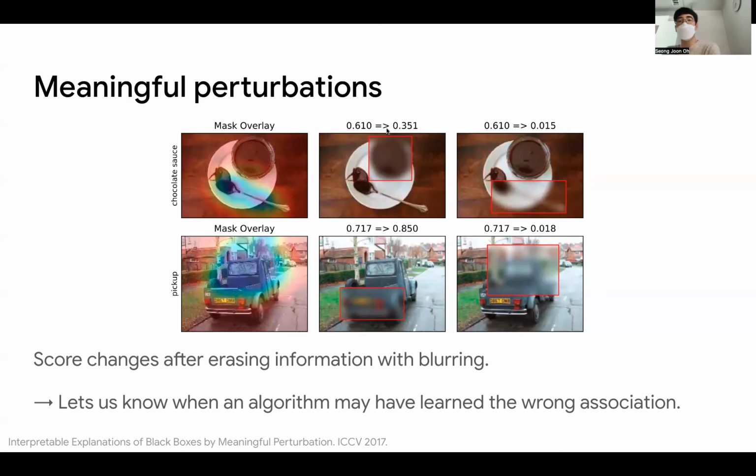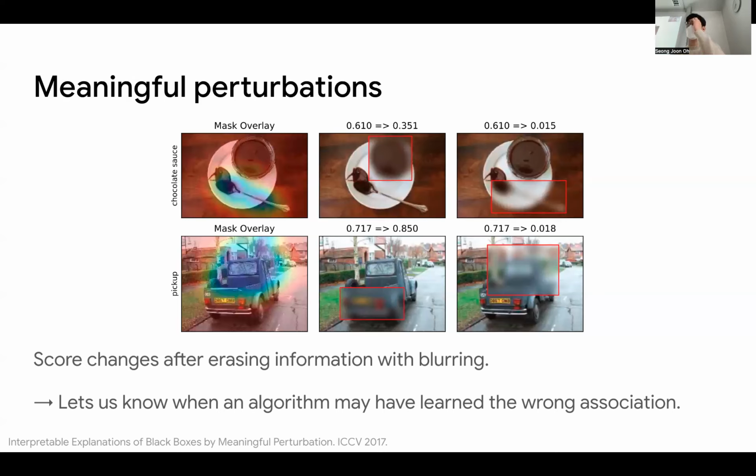It's not accuracy, it's confidence level. But by removing the spoon pixels, you do see quite some drop in confidence value, right? That means your model has been looking at the spoon rather than the actual sauce for making prediction. So the argument is by using this method, you can find those kind of spurious correlations and fix it.